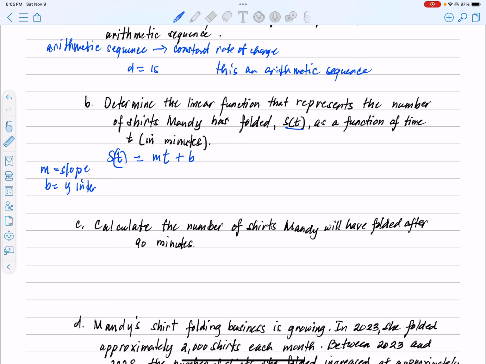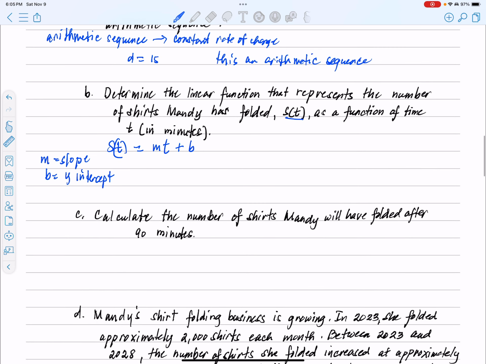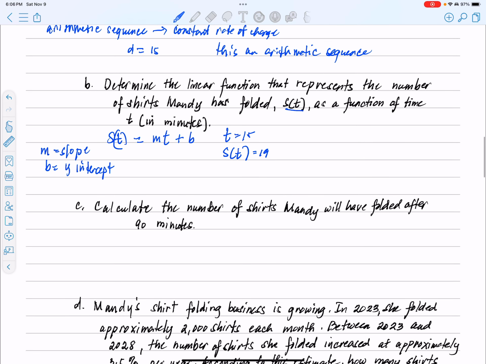Okay, so from the table, let's look at the table here. When t is 15, the S of t is 19. Okay, so we can get the slope by doing this.